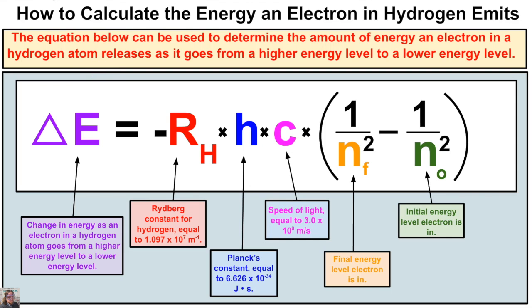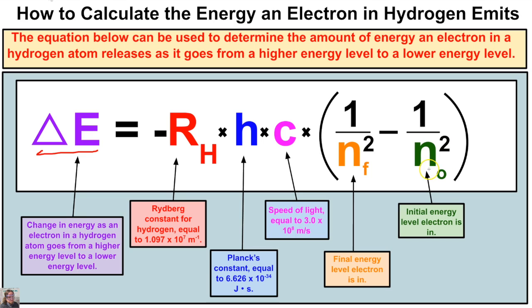So what if we want to calculate the amount of energy that an electron releases as it goes from a higher principal energy level to a lower principal energy level? Well, we can use this formula right here. The change in energy is going to equal negative R times H times C times 1 over n squared, where n is the principal energy level that the electron is going to end up in, minus 1 over n squared initially.